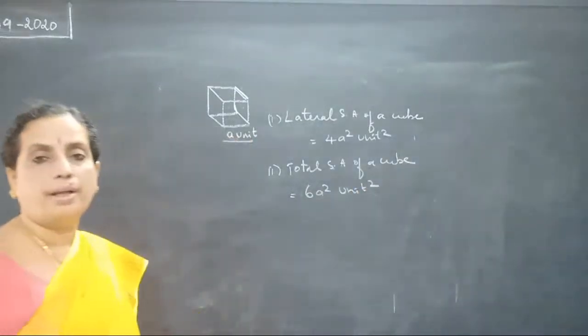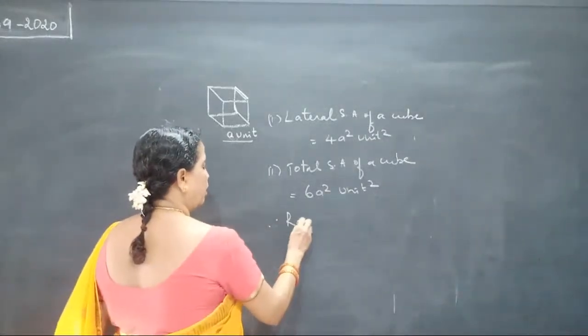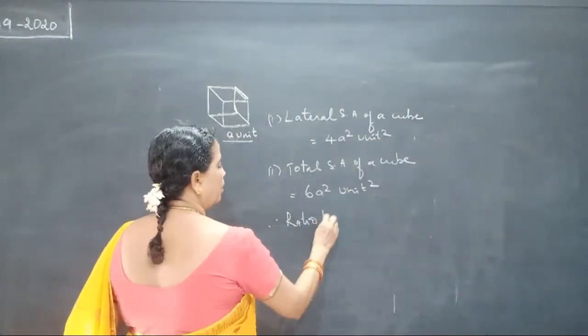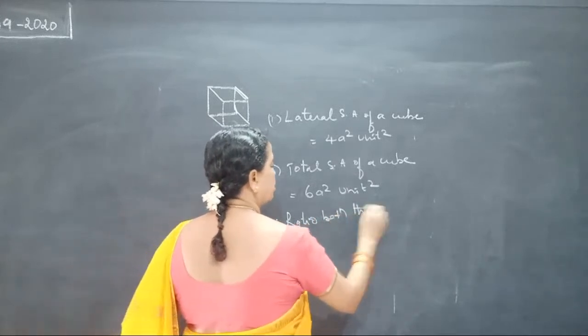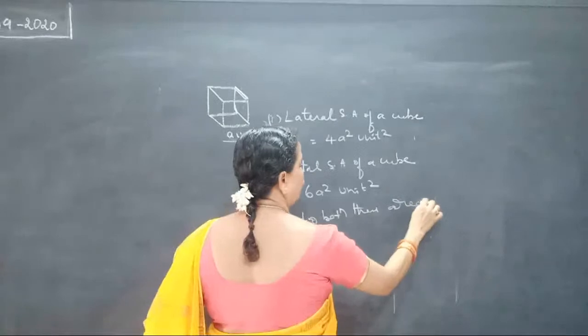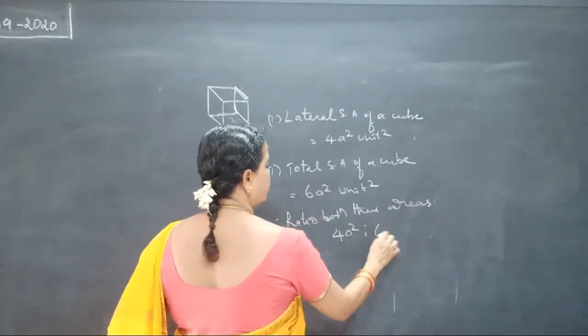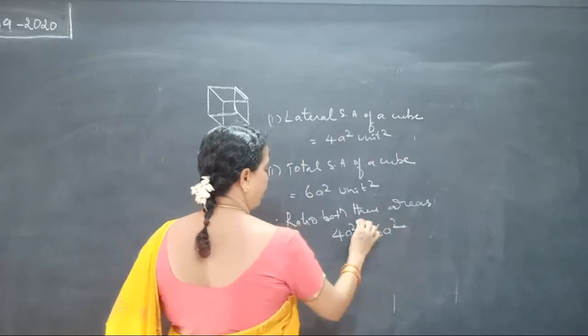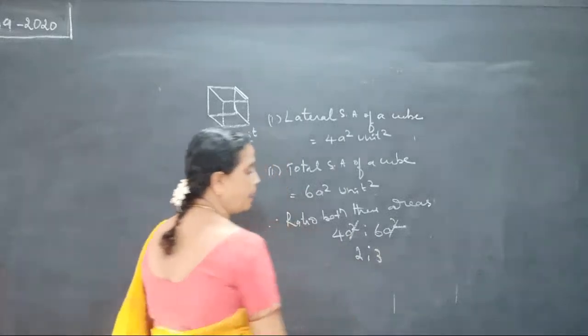Now we require the ratio between these. Therefore, the ratio between their areas: 4a square is to 6a square. Cancelling, you will get 2 is to 3.